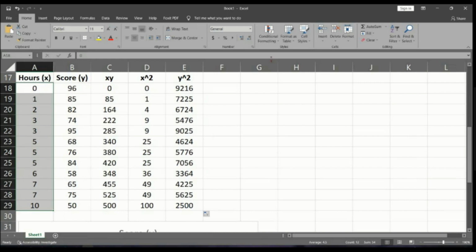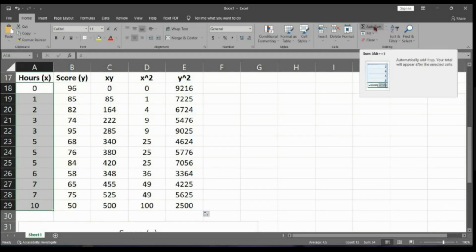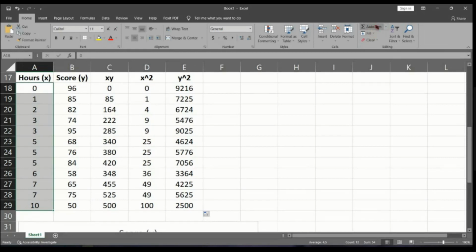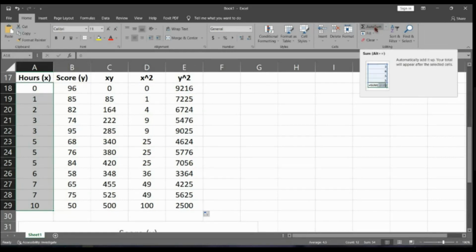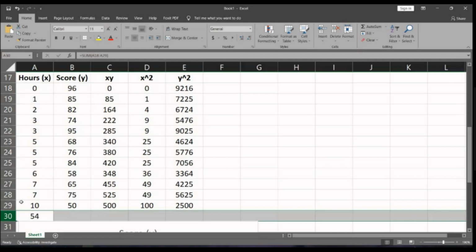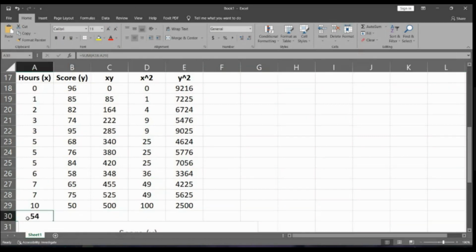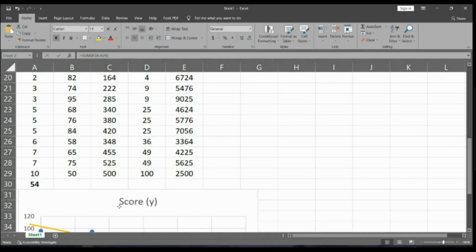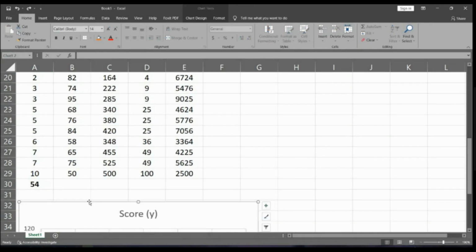But for Excel, just look for the auto sum feature. This will auto add or total the highlighted cells. Okay? So click nyo lang yan and you now have 54. That's it. This time we'll drag horizontally.